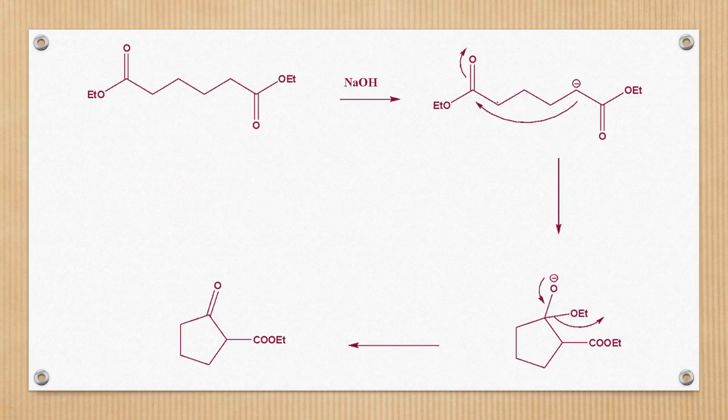So after the abstraction, what will happen? If abstraction takes place from this side, then as you have a nucleophile and also an electrophile in the same substrate, intramolecular cyclization is possible.